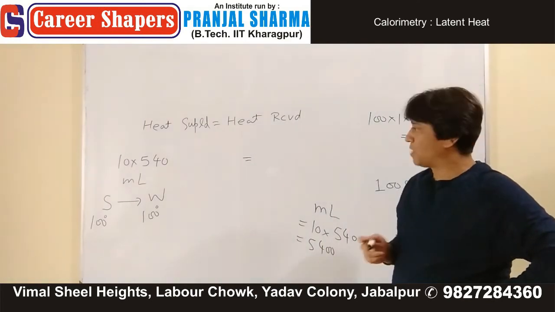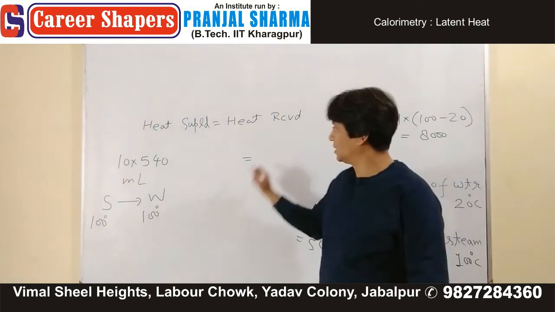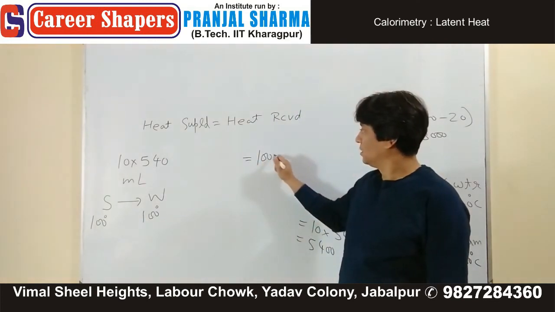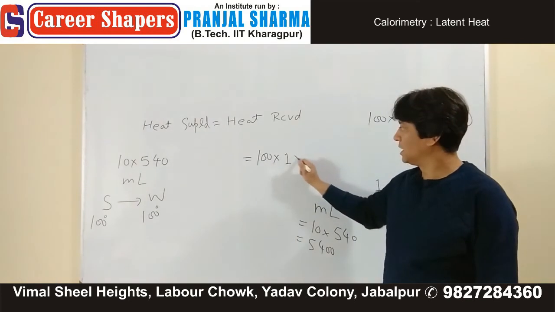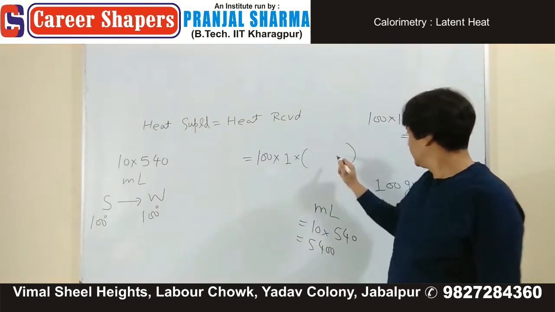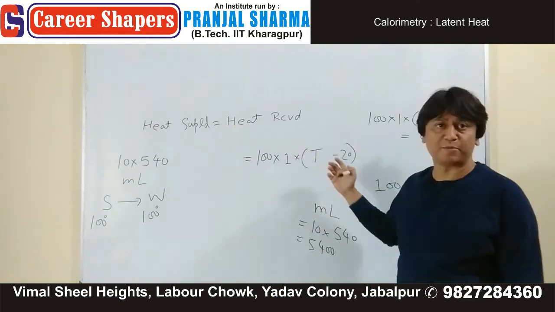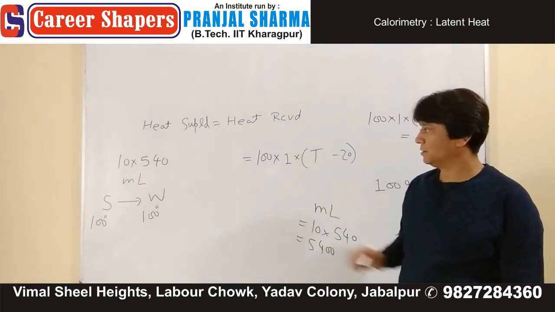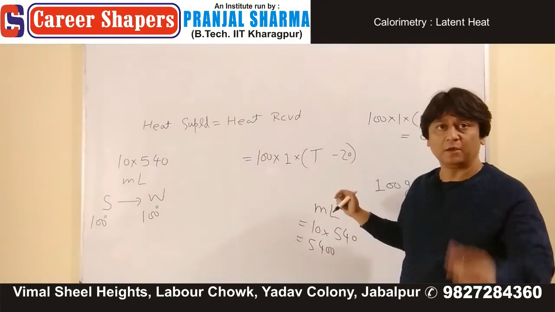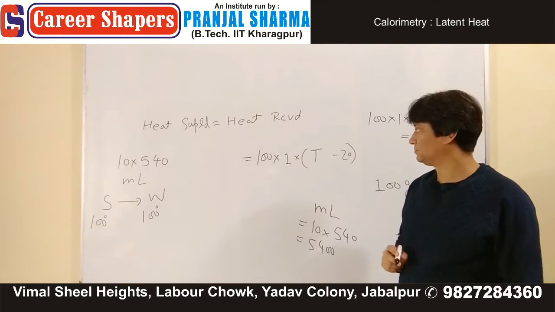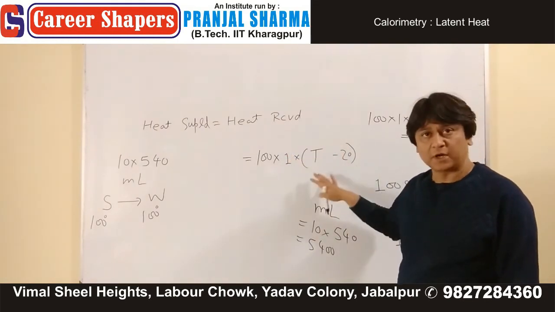Heat is received by what? Heat is received by 100 grams of water with specific heat capacity 1, and temperature is increasing from 20 to some final temperature T. 100, 1, T minus 20. Which means you are saying that finally water is present.